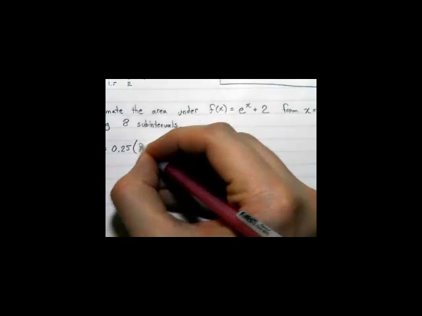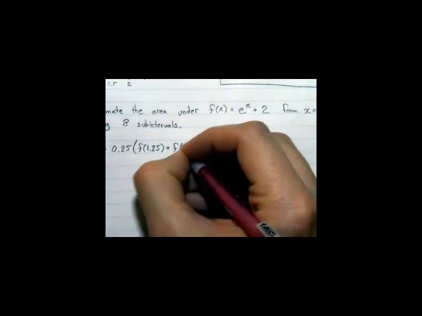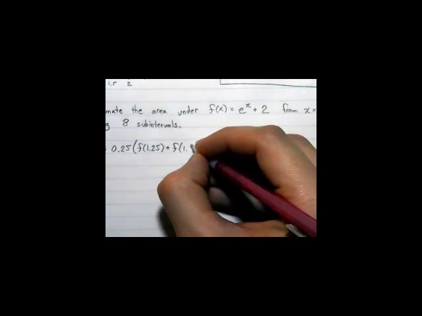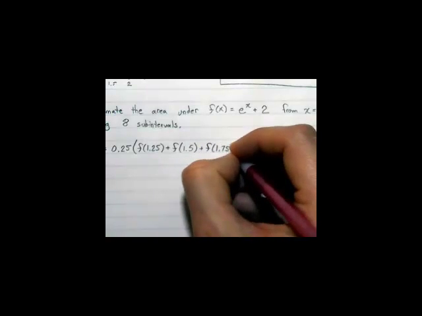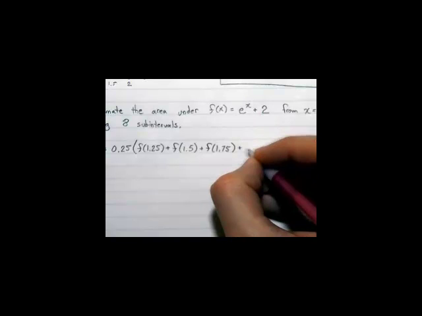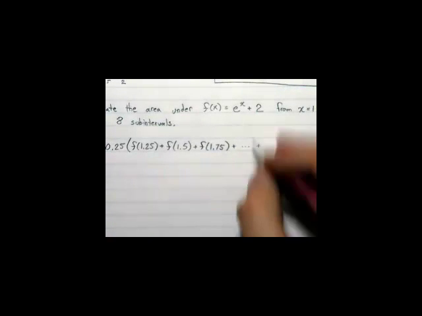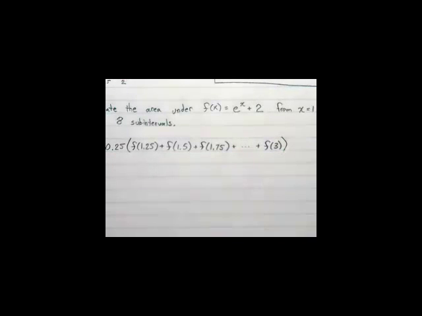So it's going to be f of 1.25 plus, what would be the next one? 0.25 more, because the width of my interval is 0.25, so f of 1.5, plus f of 1.75, plus, you get the idea, etc., until you get to f of 3. So we're going to follow that pattern this time to get the RRAM.